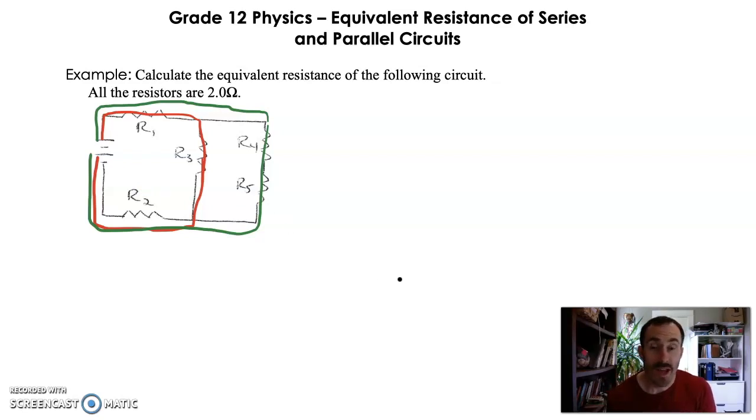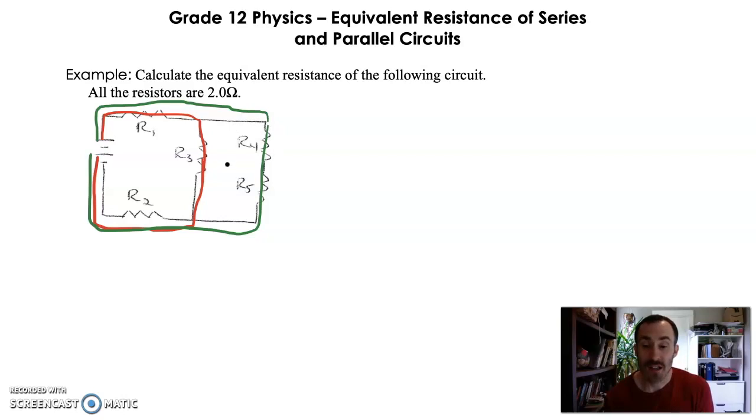So the first thing that we have to do is try to deal with the relationships that do not affect other relationships. For instance, R4 and R5 are in series with one another. So we can find the equivalent resistance here without affecting R3's relationship to R1, for instance. It will affect nothing else.